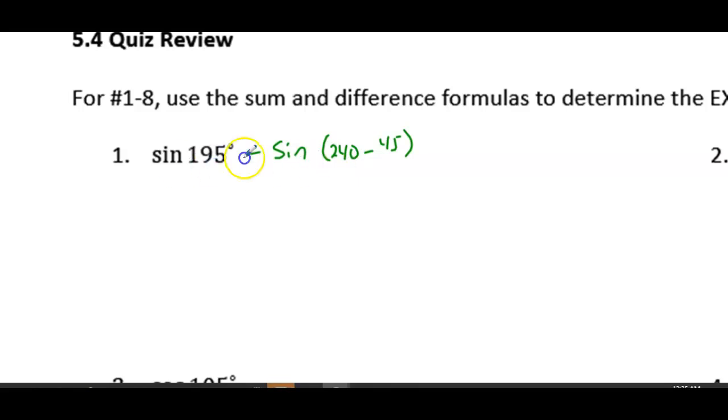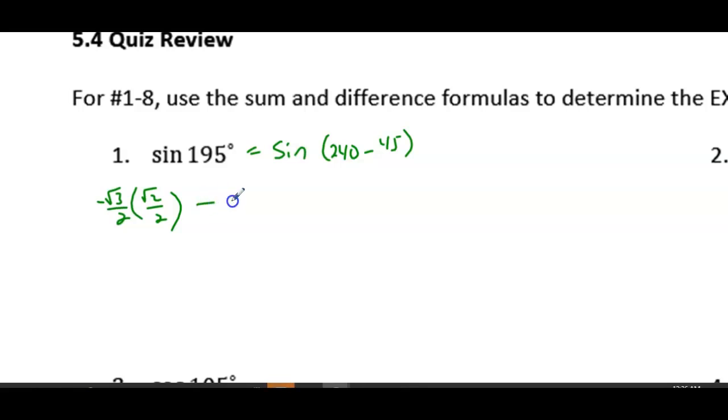So the difference right here: sine of 240 is negative radical 3/2. Sine of 45 is radical 2/2.